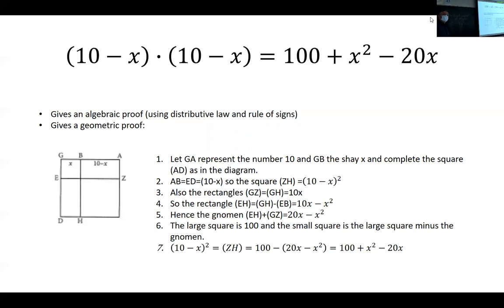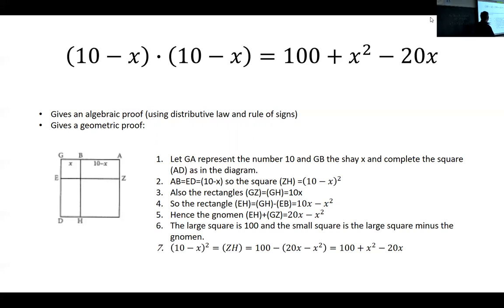But he also gave a geometric proof. Here's the picture right here. You let a length represent the number 10. You divide it at b, so you get x and 10 minus x like that.